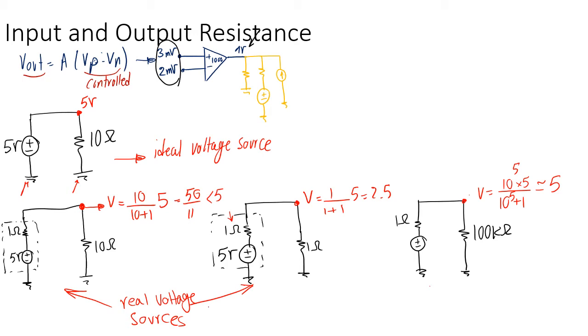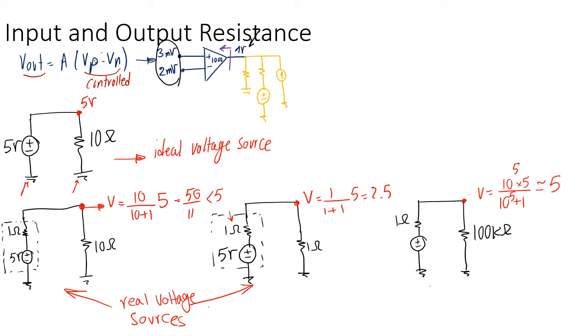So now for an op amp, the output resistance of an op amp means the resistance at the output of the op amp, the resistance that I see if I look into the op amp from the output. What this orange circuit sees to its left doesn't see an op amp.